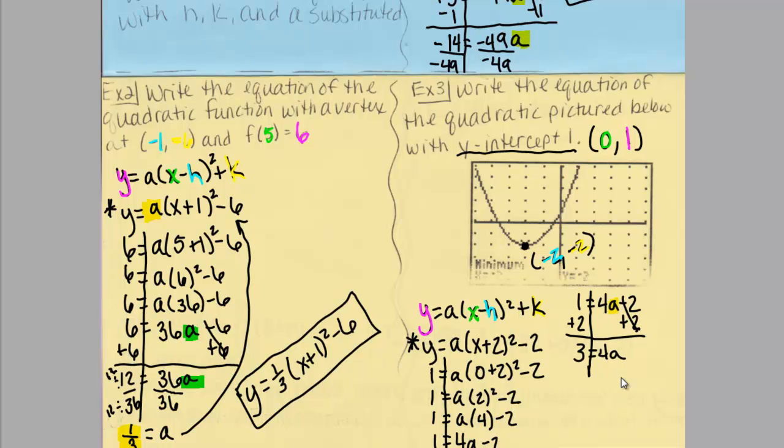Our a is still on the right-hand side, so we need to divide by what is with the a. So divide by 4, because the goal is to get that a by itself. So a is really 3/4. So we need to replace the 3/4 with this a. And our y is equal to, instead of a, we will have 3/4. And then we just complete it: (x + 2)² - 2.